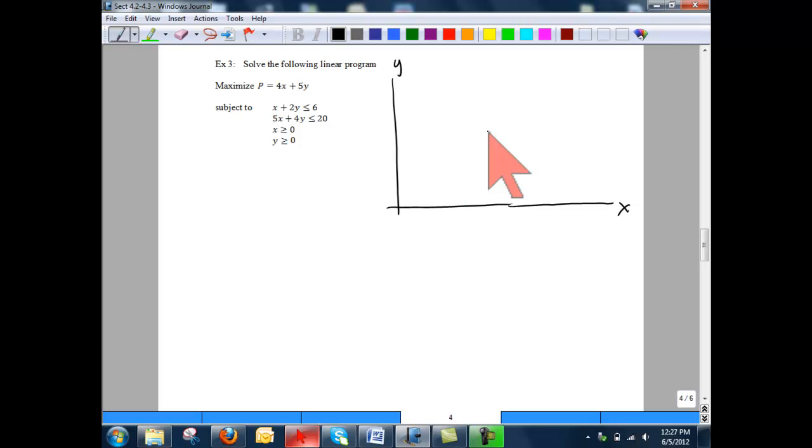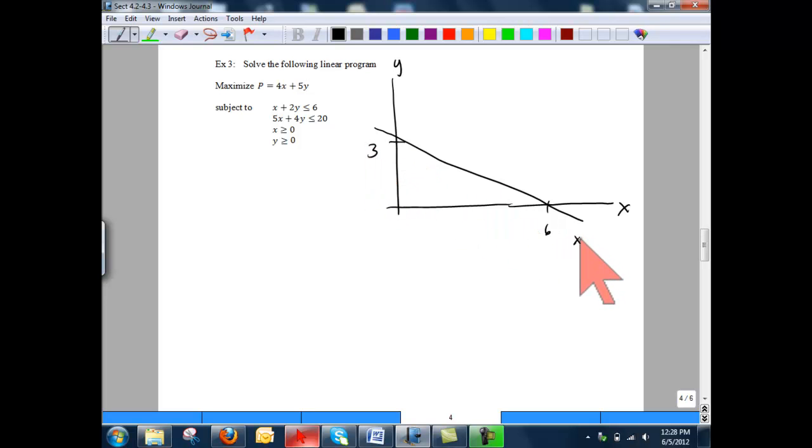And now if I graph the first inequality, remember our intercept form, the x-intercept is 6 and the y-intercept is 3. So here's 6, here's 3.